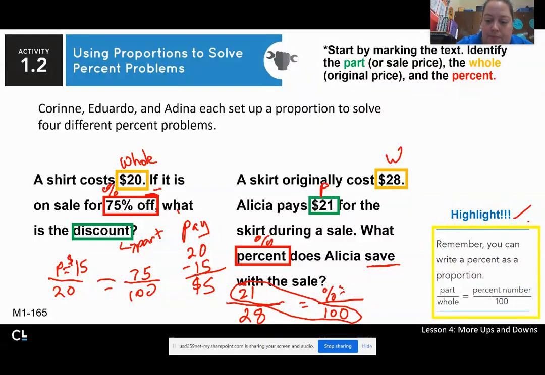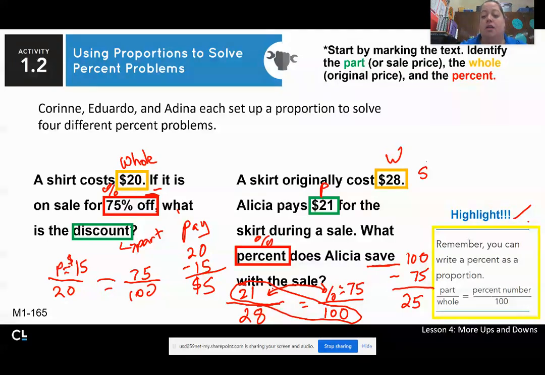So that gives me 75%. So if this is how much she pays, $21, then it's 75% of the total. That doesn't tell me how much she saves. In other words, what does she not have to pay? So 100% minus 75, what is the percentage that she saves?